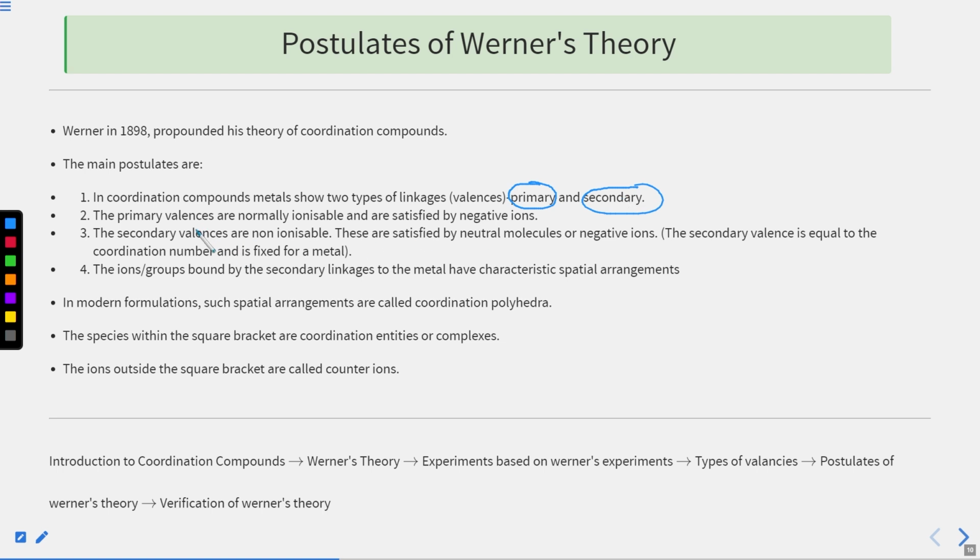So primary valencies are normally ionizable and satisfied by negative ions. Now if I talk about the secondary valency, they are non-ionizable and they are satisfied by neutral molecules or negative ions or positive ions also.